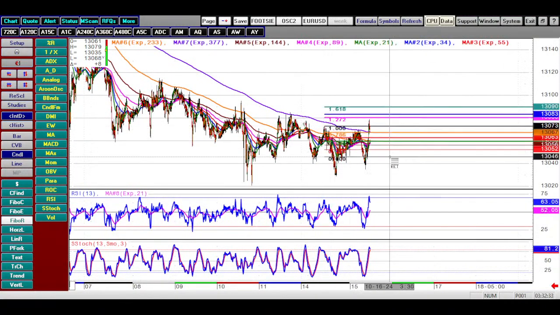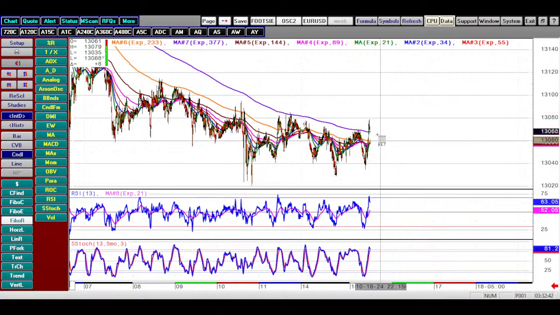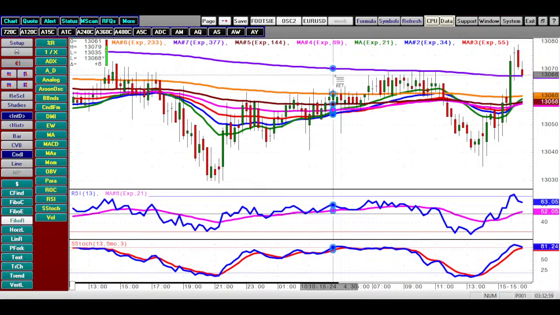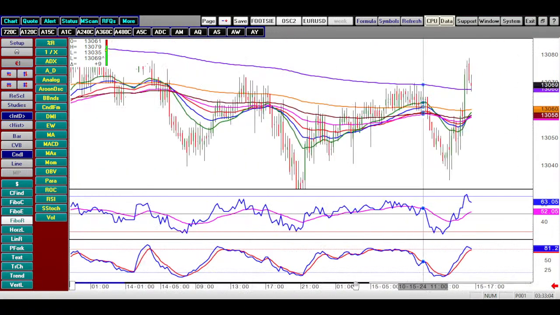So most likely it should be below 130.90. Okay, so this one also, what we can do is try to go for a sell at 130.80 or 90. Okay, the previous day high is 80, current day high is also 80. So let's see, because we only have another half an hour left.